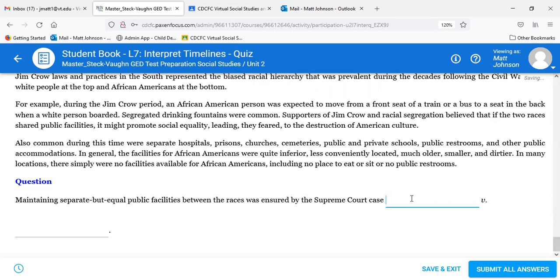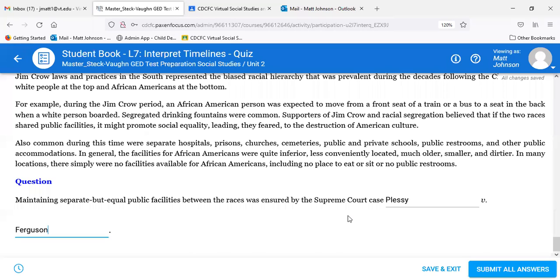So let me see here. Plessy and Ferguson. And Homer Plessy was mixed race. He was half African American. And this happened around the New Orleans area, I think. It was in Louisiana. I think the event actually occurred in 1890.